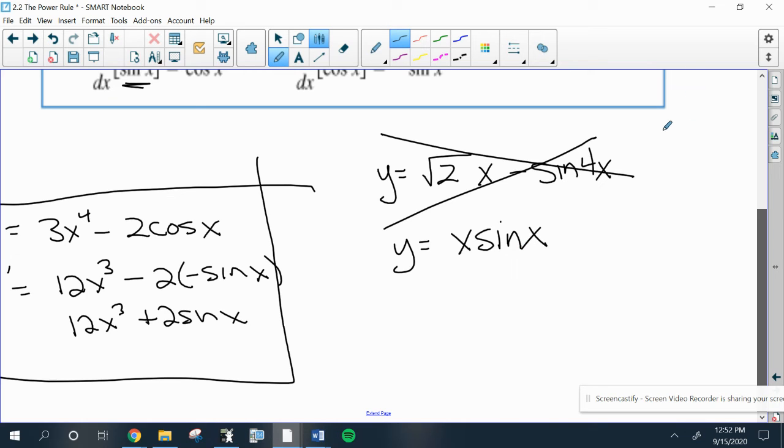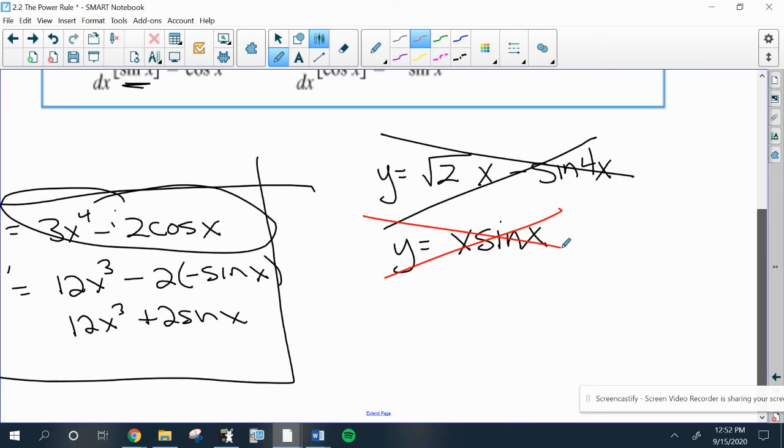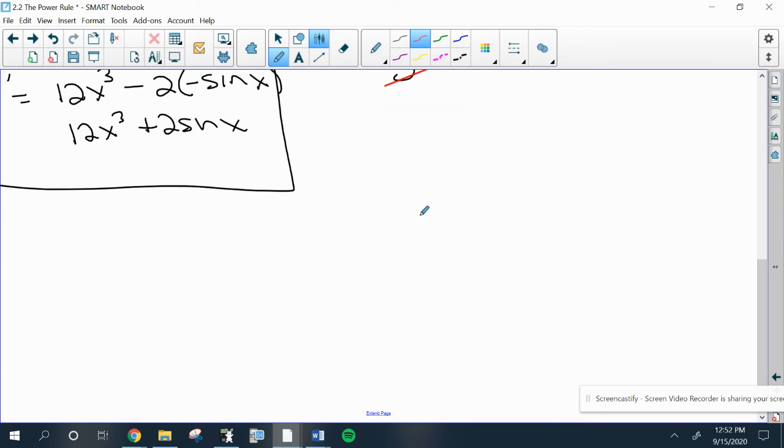We only have a rule that allows us to take the derivative of a sum or difference, which is why we could do this, but now cannot do this yet. So one last example.